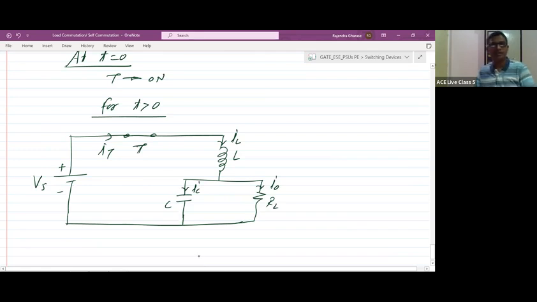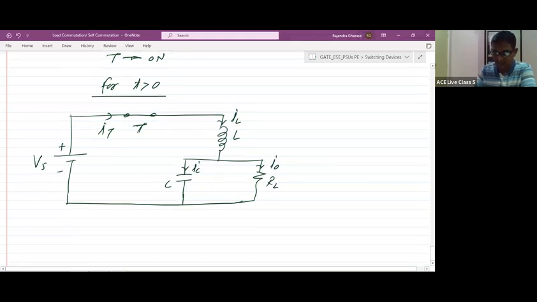Now you can check, as RL is high, definitely I0 will be very less. If I0 is less, can we say that most of the inductor current will be flowing through the capacitor only, right? So let me apply KCL here. IL is equal to IC plus I0, right?